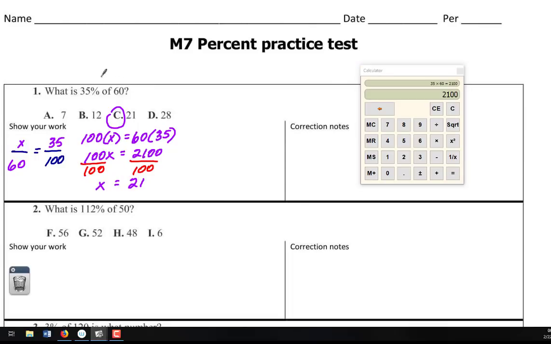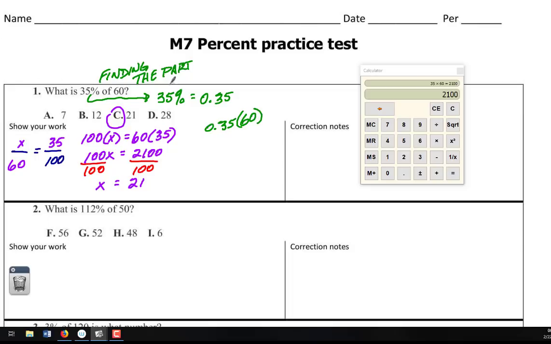Here in this problem, we are finding the part. And anytime you are doing a finding the part problem, you can also solve it by taking the percent. So we had 35%. Changing it into a decimal, 0.35, and then multiplying that 0.35 times the whole.